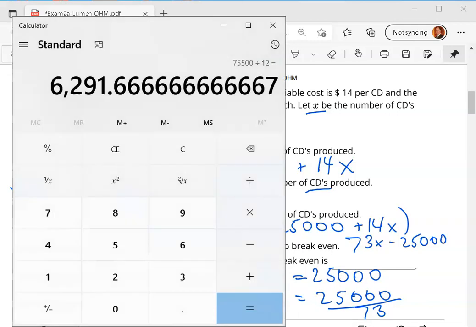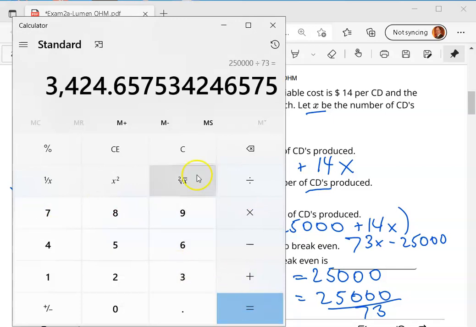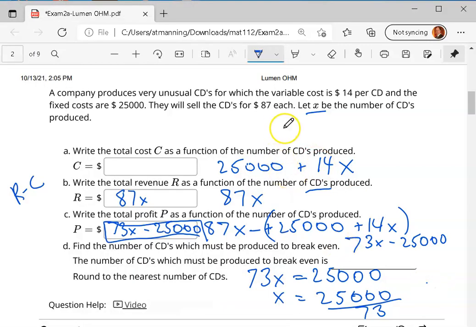So let's see what number we get from our calculator. 25,000 divided by 73. 3472, and it does round up because it's 0.6. Sorry, did I do something wrong here? Did I divide by 73? 73x equals 25,000.